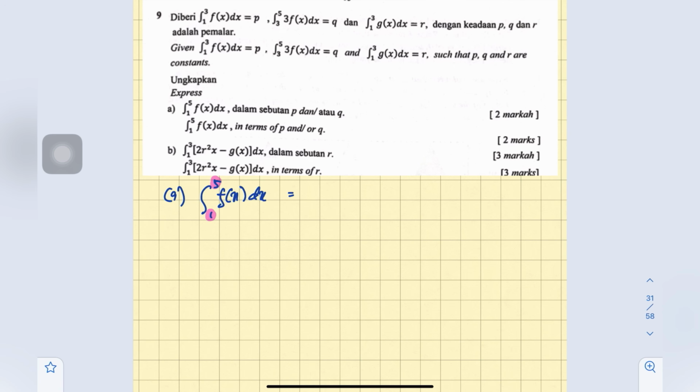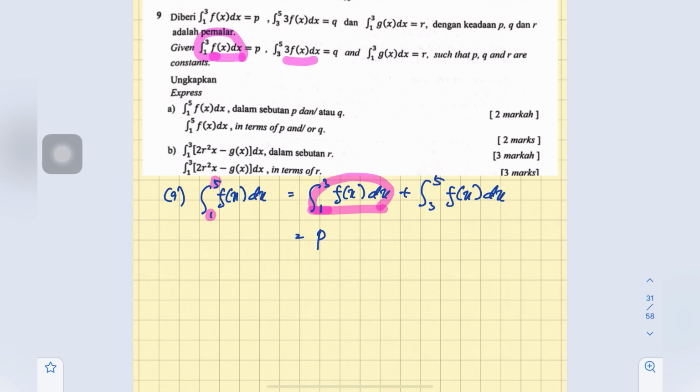We have this f(x), so we can separate it: integral from 1 to 3 of f(x) dx plus integral from 3 to 5 of f(x) dx. For the first one, this is the same, which equals p.